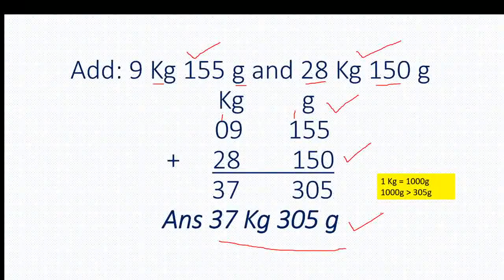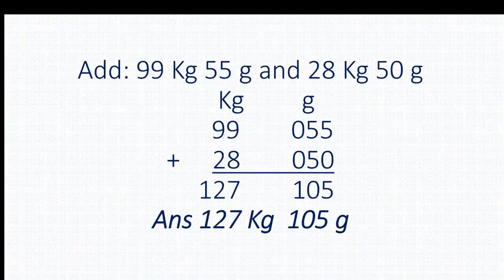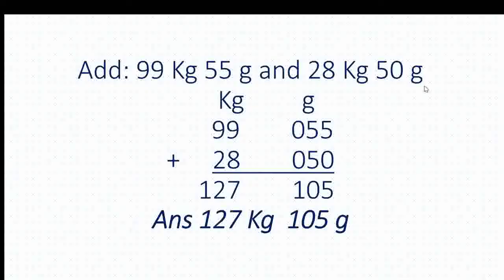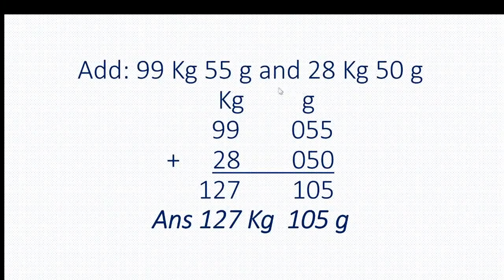Moving to the next page. Now look here children, our question is add 99 kg 55 gram and 28 kg 50 gram. Our first step is to write the unit. Here you can see kg and gram, so I have written kg and gram at the top. Now the next step, write the weight.